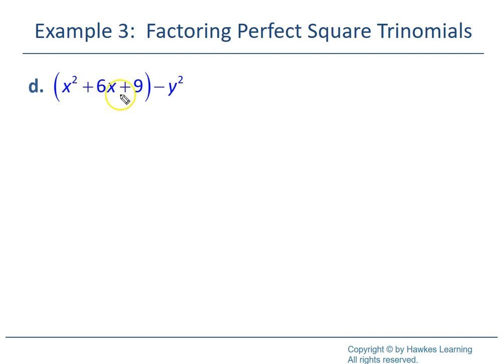So let's do this one, and this is going to factor into x plus 3, the quantity squared. So we have this, and we have this from this. And then we have y squared. So this is now a square, minus this is a square. So we have then, in a sense, the difference of perfect squares.